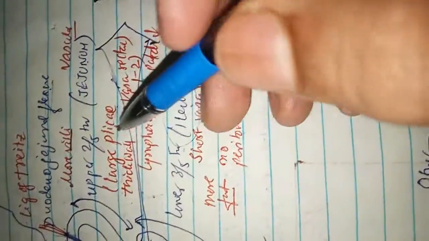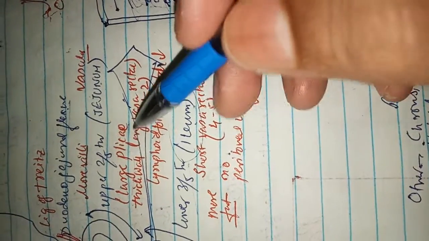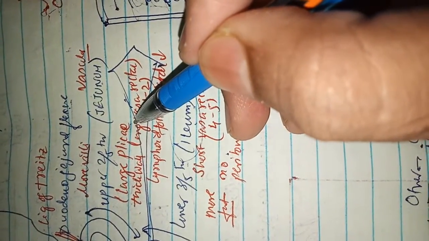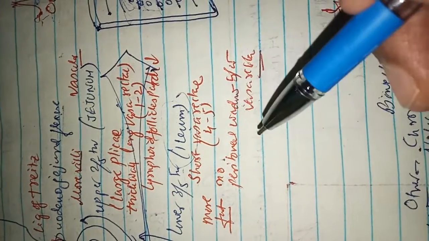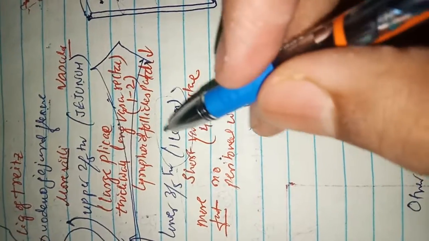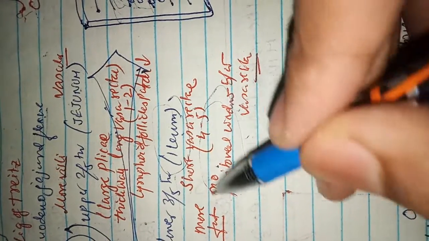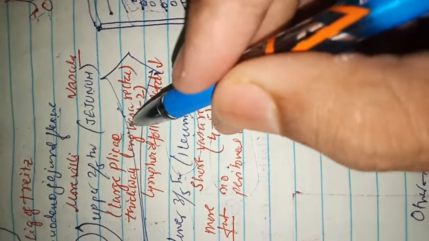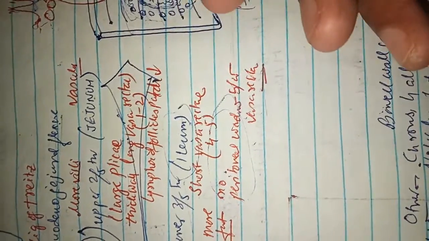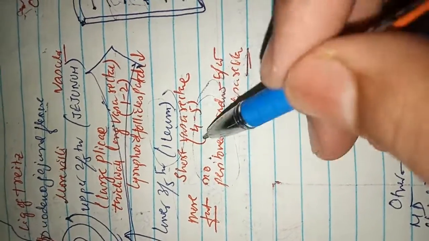Now these villi are more in the jejunum and less in the ileum. There are large plicae circulares in the jejunum, fewer in the ileum. The jejunum has a thick wall, the ileum has a thin wall. Jejunum contains a peritoneal window between the vasa recta, the ileum does not. Jejunum has long vasa recta and ileum has short vasa recta.